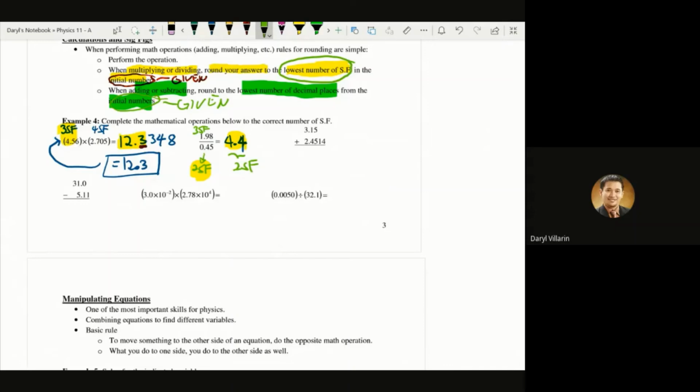But if you're adding the 2, the reason for that is the final measurement, if this is a measurement, will not be more accurate compared to the least precise instrument that you're using. So in this case, you have 3 significant figures. Again, its precision is only up to tenths of something.